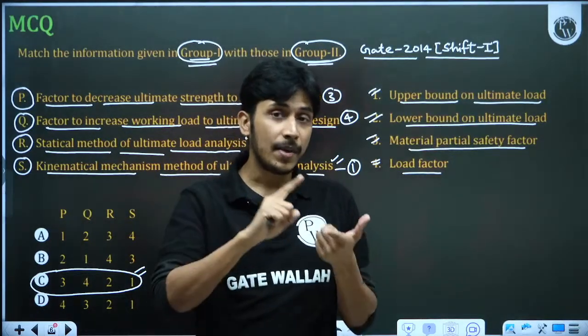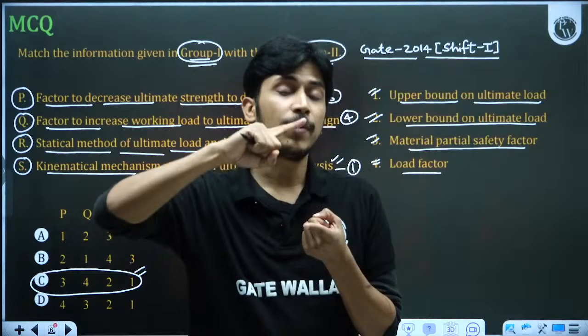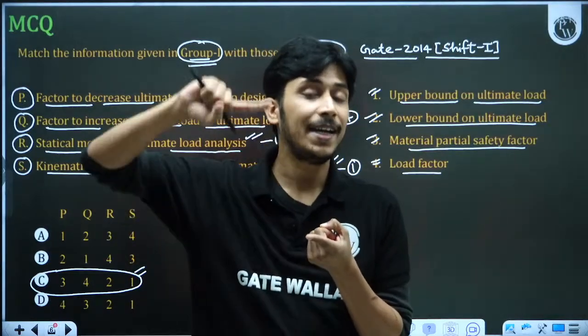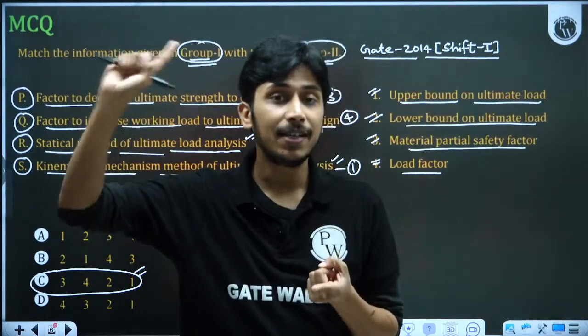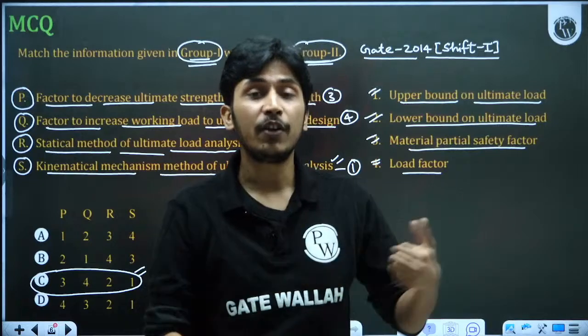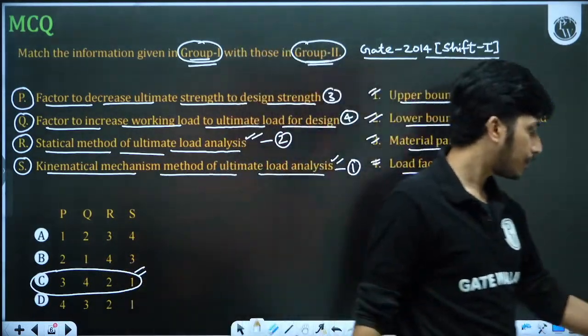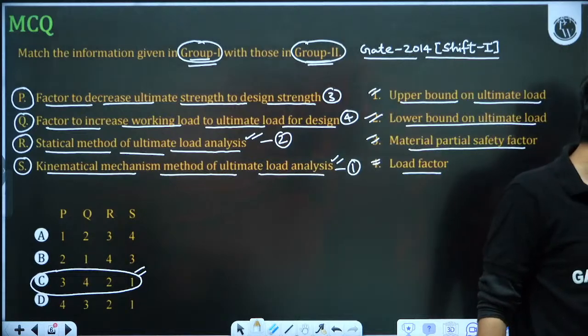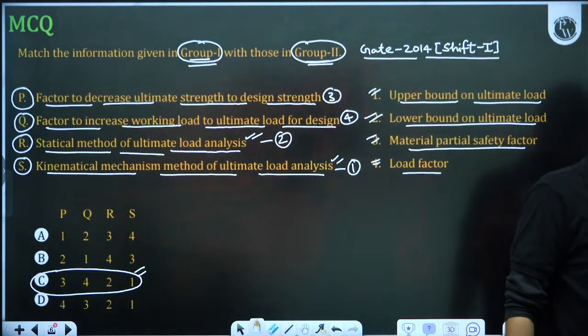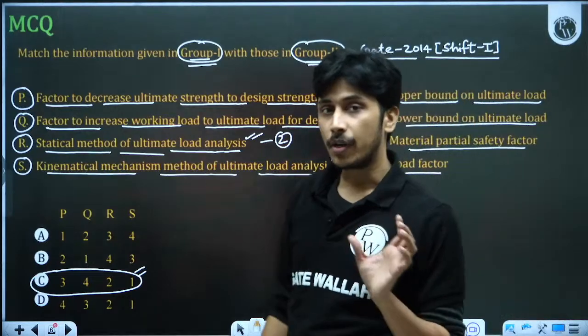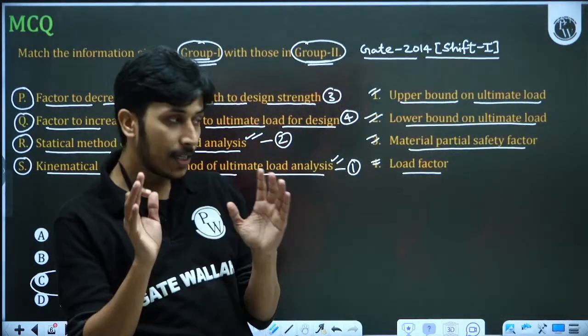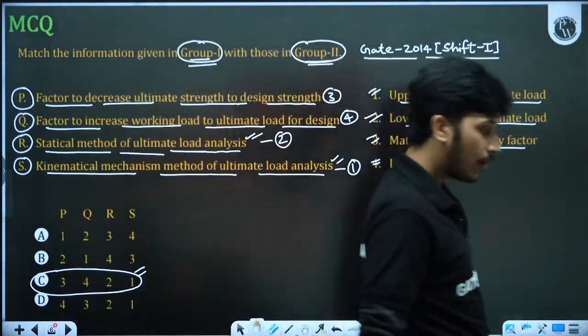Elastically based means if the deformation of the pre-stress concrete goes into the inelastic range or the plastic range, then your equations of PSC will not be useful. Are you getting my point? So in pre-stress concrete, we have seen the elastic approach. We have not seen the plastic approach in pre-stress concrete. So always remember these things. You have to always analyze whatever our method is. Are you getting my point?